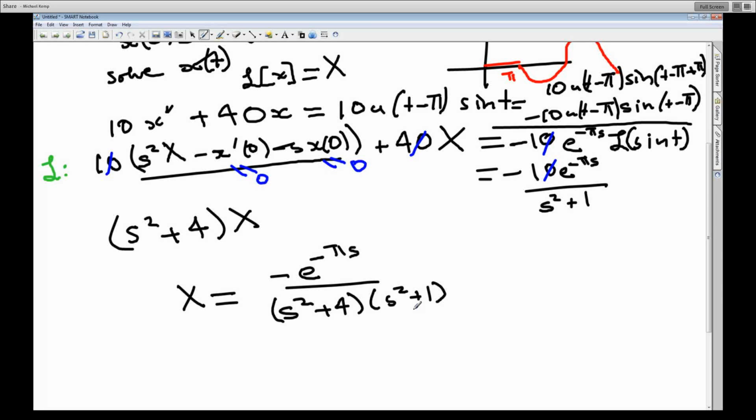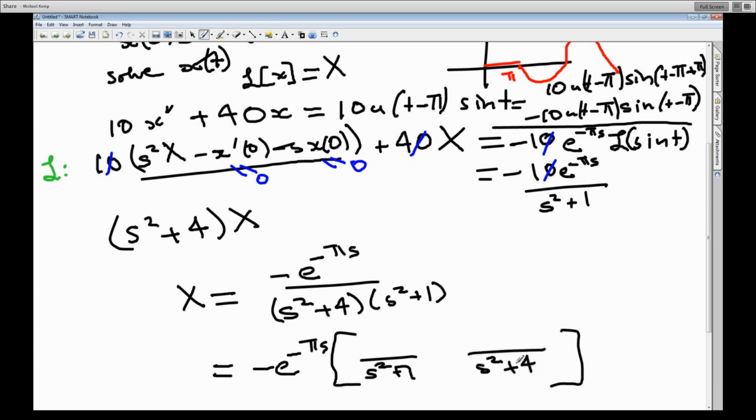The issue with that is, the way to do these things normally is using partial fractions. So I'm going to do that here. I really want to write this down as split up into its two different functions.